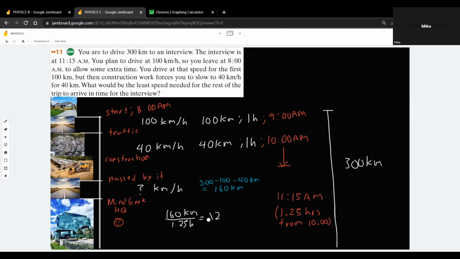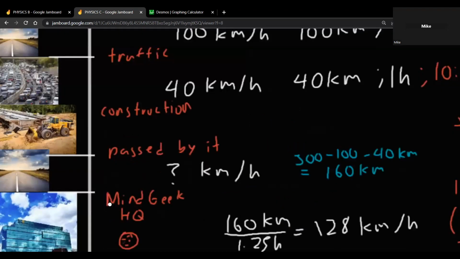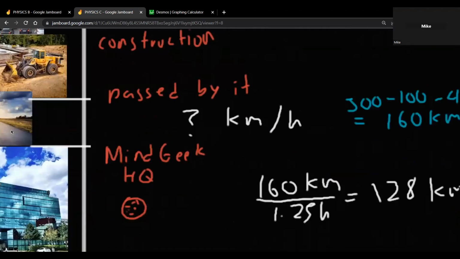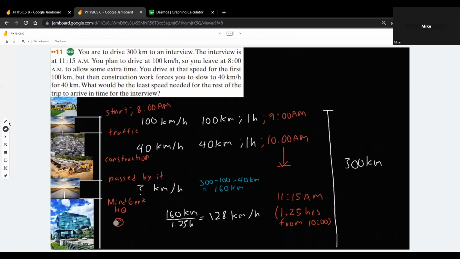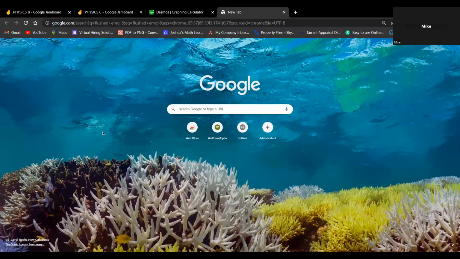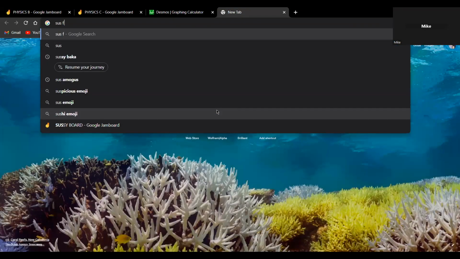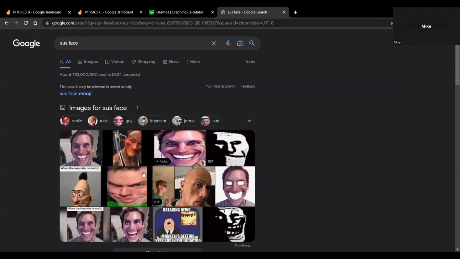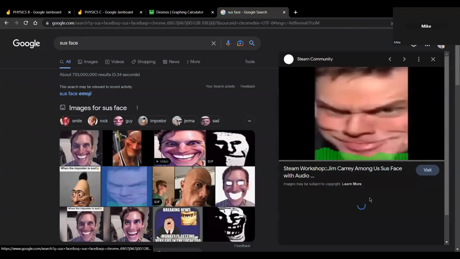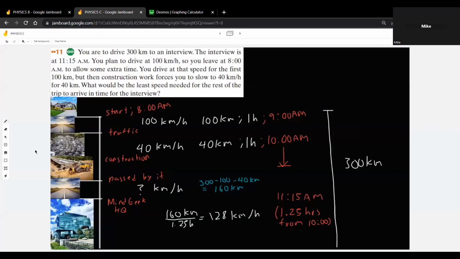So, okay, so ito, 3 minus, divided by... Okay, patingin nga uli.